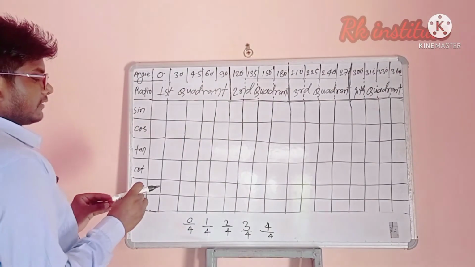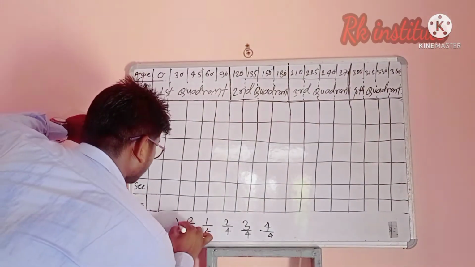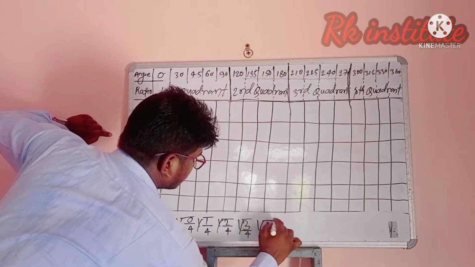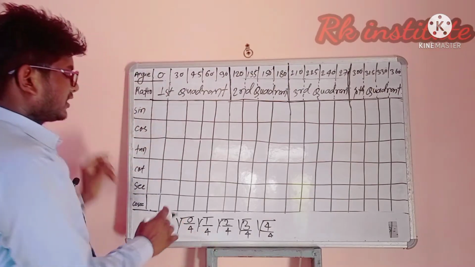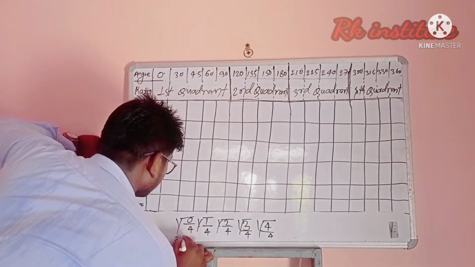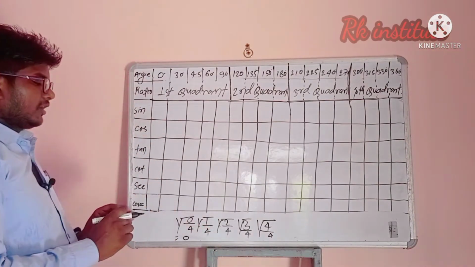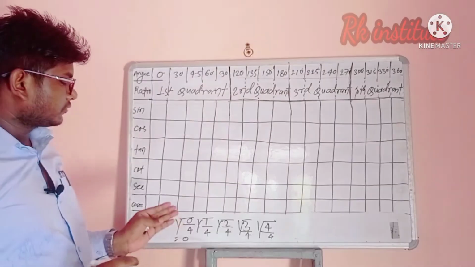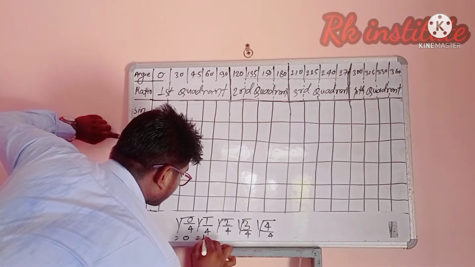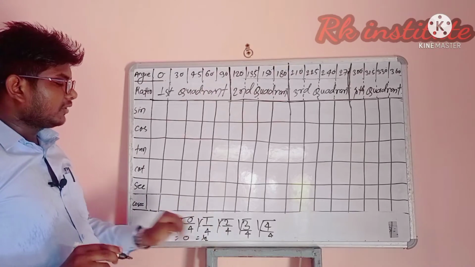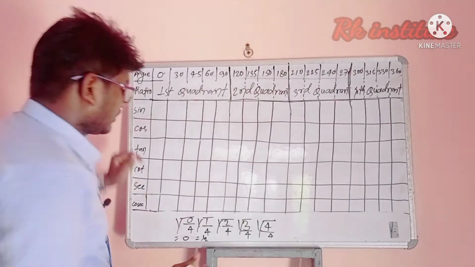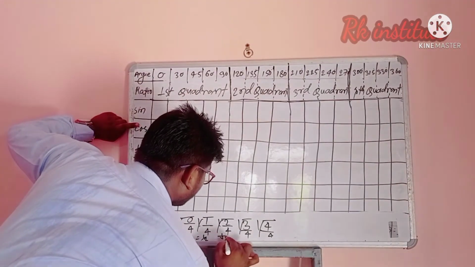Then take the square root of each. What is the result? 0 divided by 4 is 0, and the square root of 0 is 0. 1 by 4, the square root of 1 by 4 is 1 by 2. 2 by 4 means 1 by 2, the square root of which is 1 by root 2.